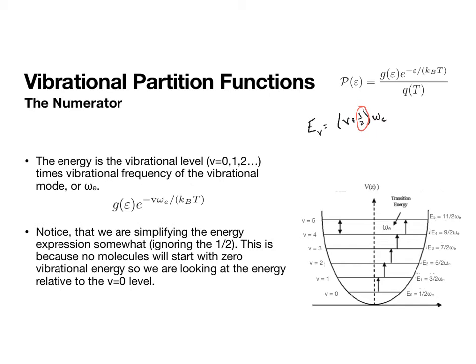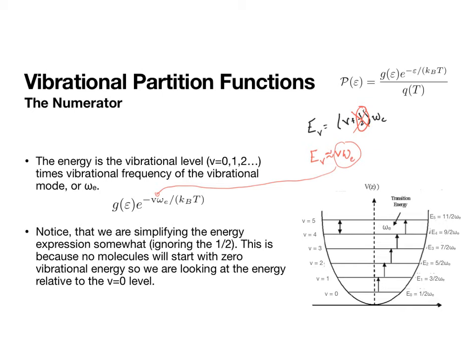So we are going to make an approximation that this half really doesn't matter. And so we're going to say that E of v is approximately equal to v times omega e. And so what we can do is plug this expression in where that energy existed and have a more specific term that is dependent upon the vibrational energy.